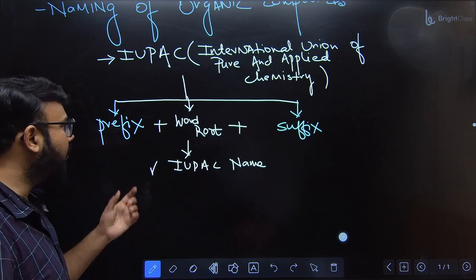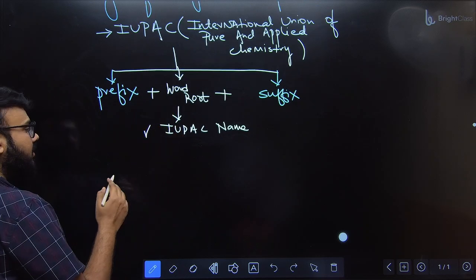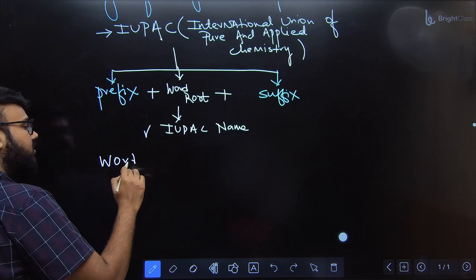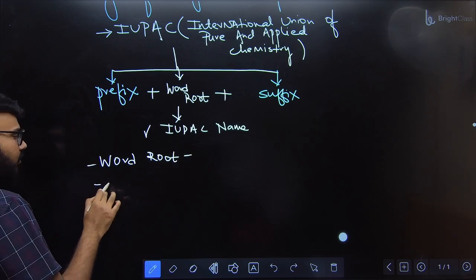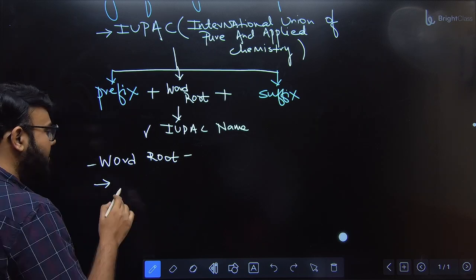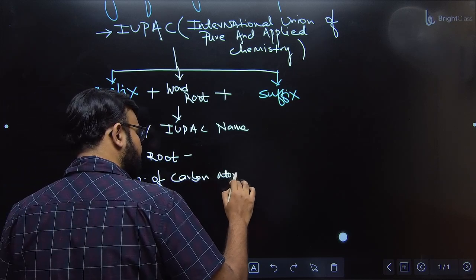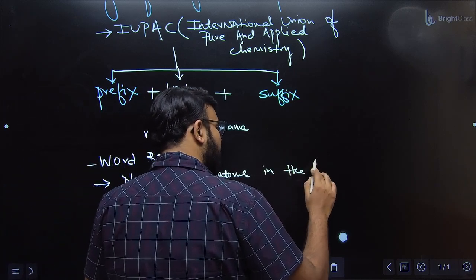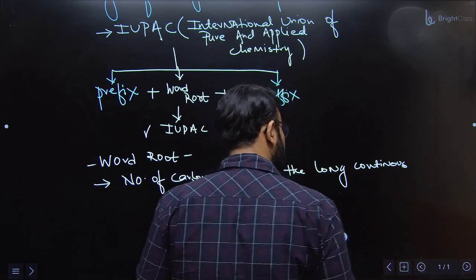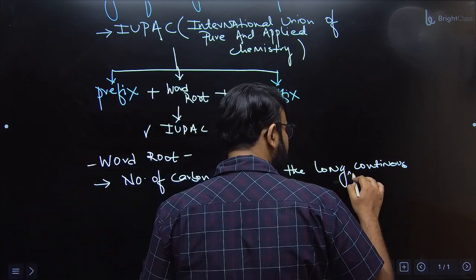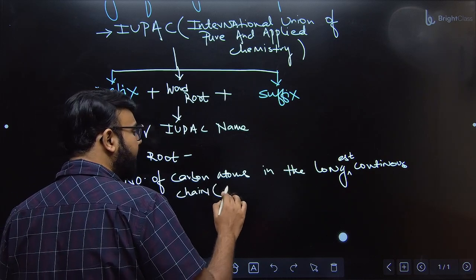So guys, now we will talk about these three things one by one. All of you give a headline. First, we need to learn about the word root. So what is the word root? Word root is the number of carbon atoms in the longest continuous chain, which we call the principal chain.